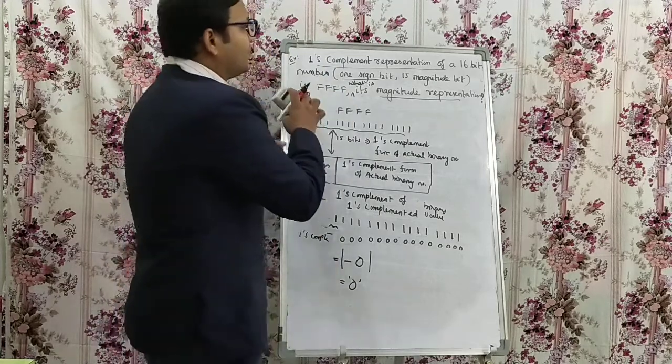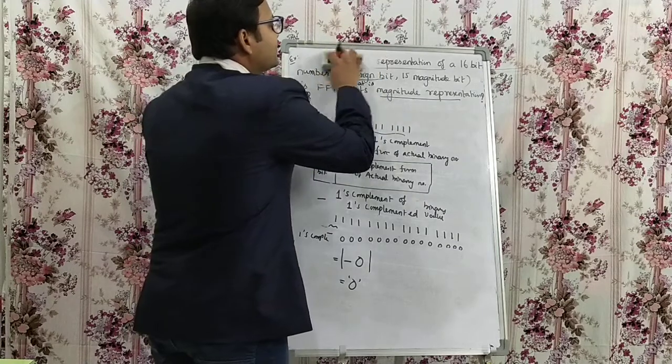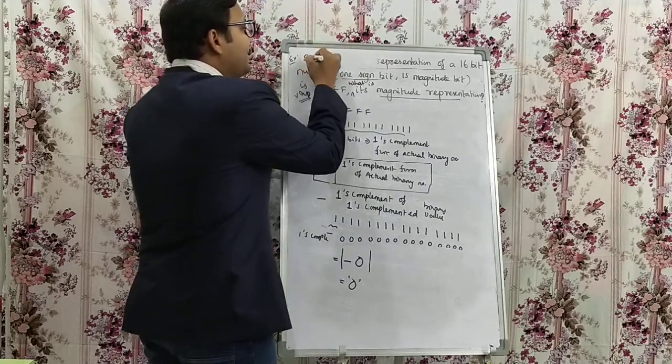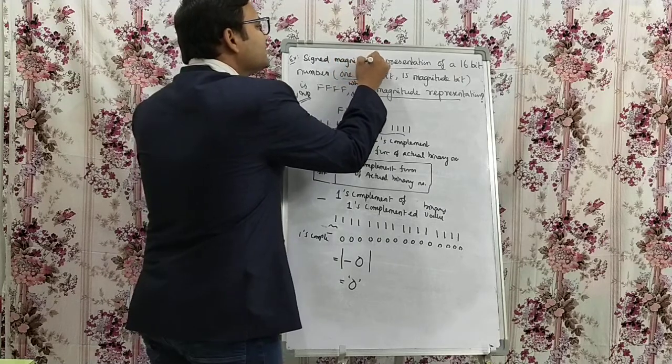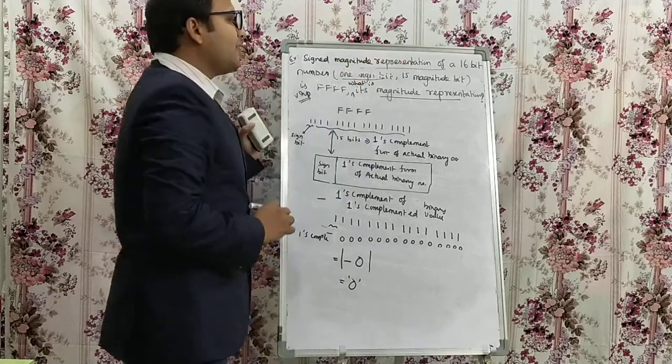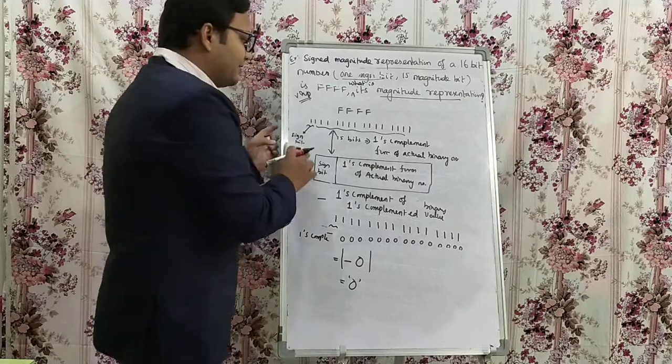Okay, one can also give the question this way: this is the signed magnitude representation of a 16-bit number. Then what you need to do?